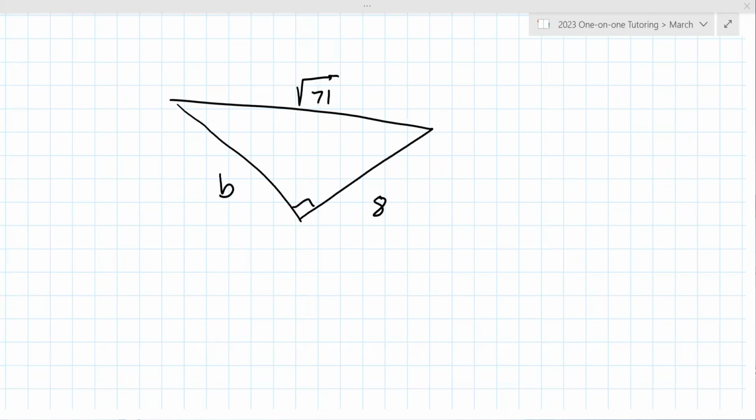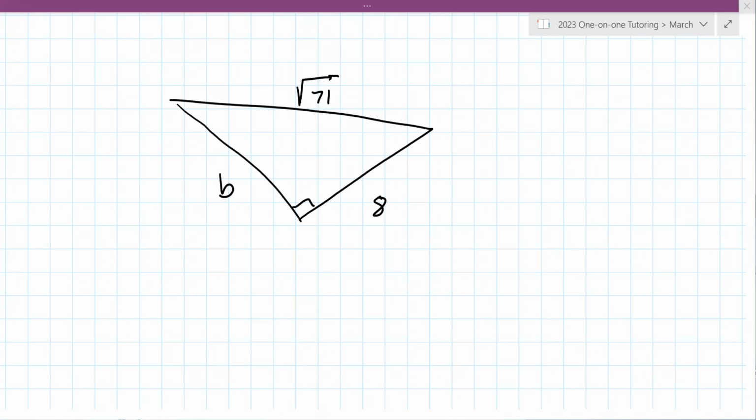So 71 equals 64 plus b squared. Minus 64, so that's 7. 7 equals b squared, and the square root of 7. I did that right? It sounds good so far. Still got to go to your calculator. 2.6. Yeah, that's correct.